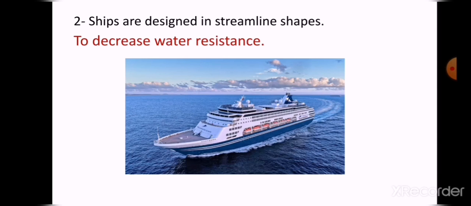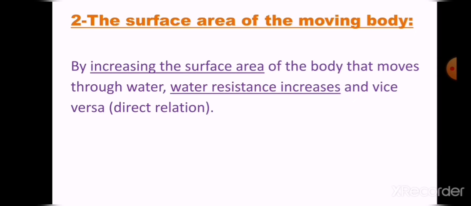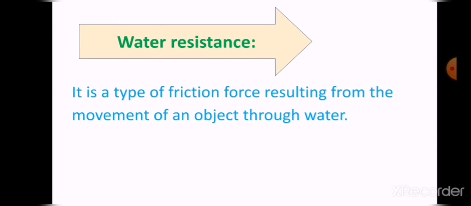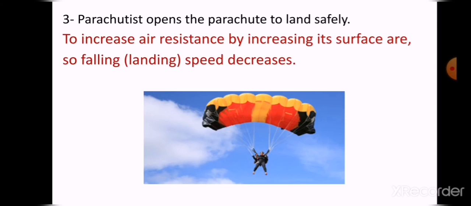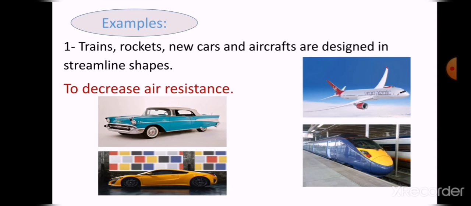But you have to keep in mind the examples in the air resistance. These examples are very important. Why are all means of transportation, trains or rockets or new cars, designed in a streamlined shape? To decrease the surface area, so decrease the air resistance, so its speed increases.